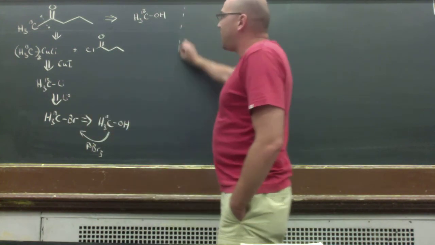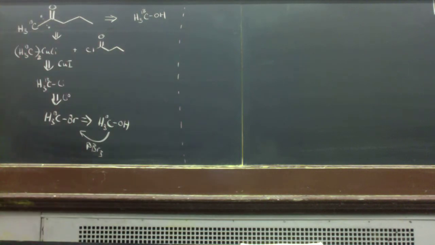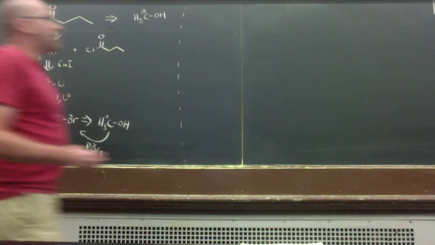But if we start to take it to other areas within that group, this might become a little bit more of a difficult synthesis problem. So what I like to do is start to think about how we might now make this at the ketone.